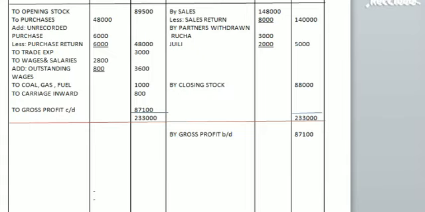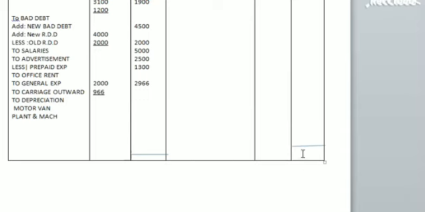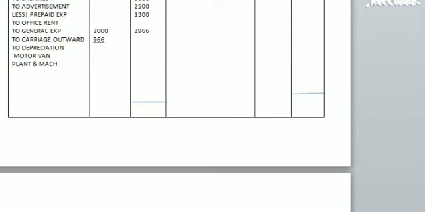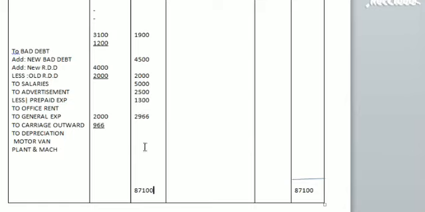Now we will do the total of the credit side of the profit and loss account. Here the same amount will come, 87,100. Bring the total here, 87,100.